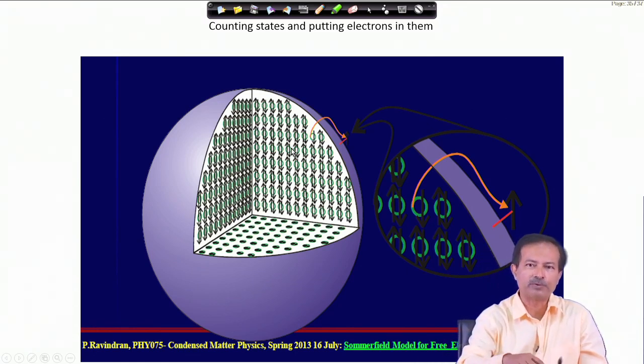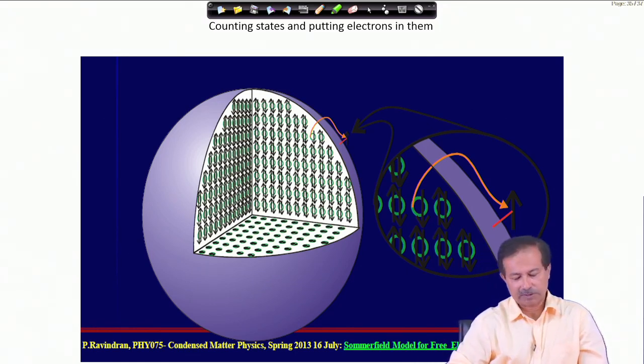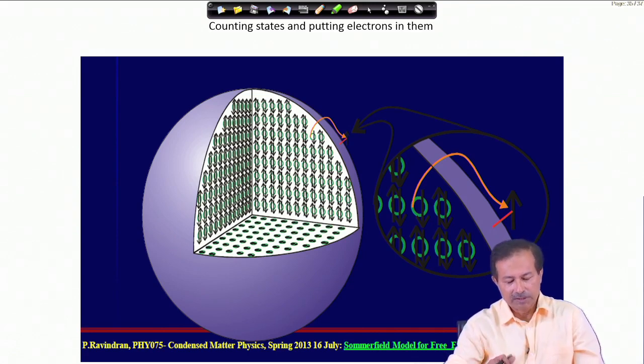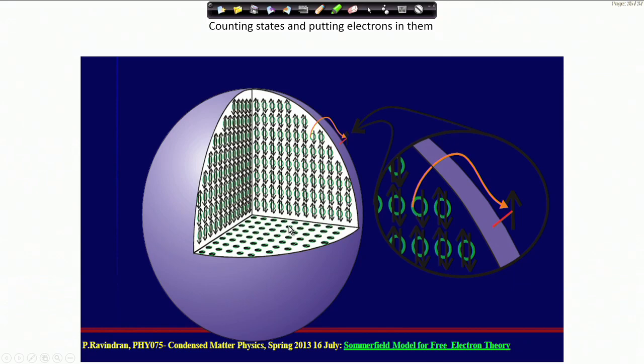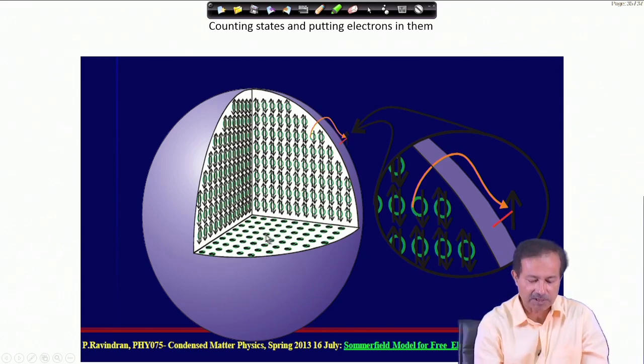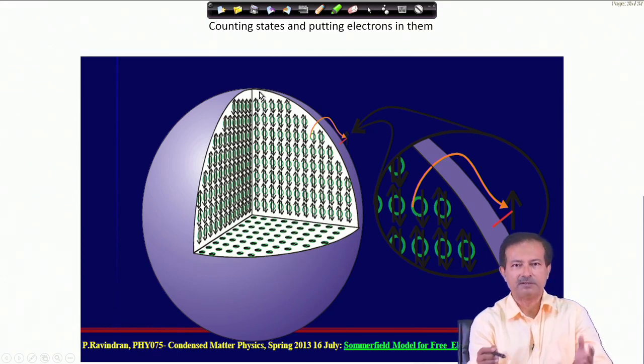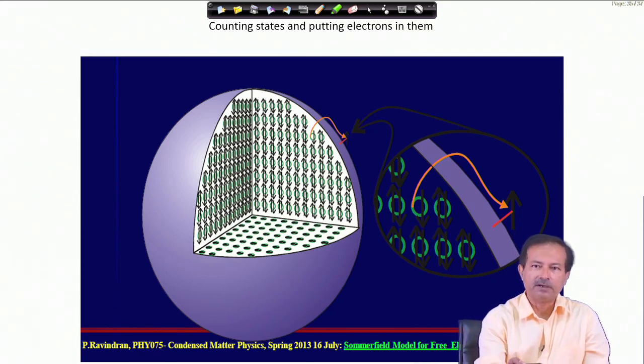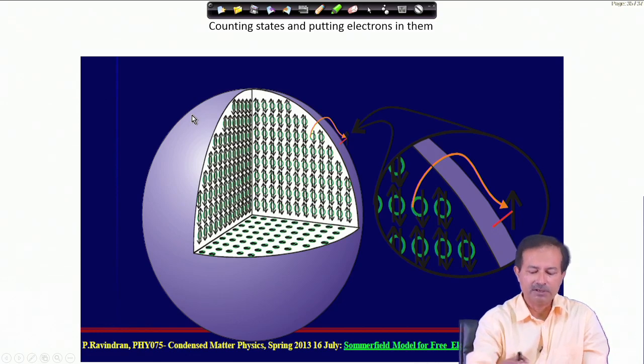This sphere has been opened up, and one-eighth of it is shown, and you can see that these green dots are your k states, the allowed k values. Each of these allowed k values is occupied by 2 electrons. You keep on increasing it, and then you complete your filling, and all the n electrons are now occupying some k state starting from the lowest one, and the sphere that you obtain is the Fermi sphere.